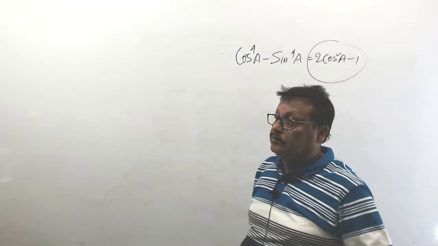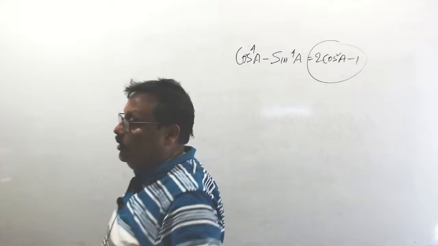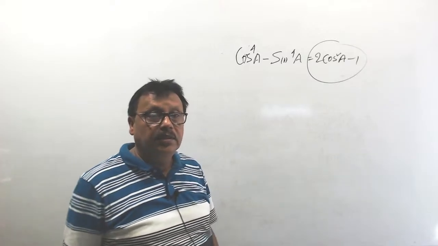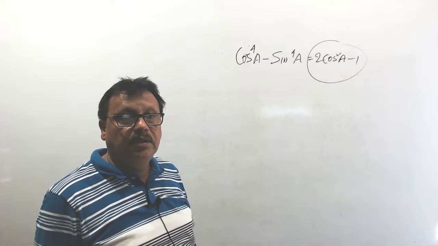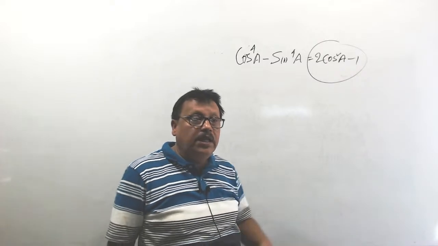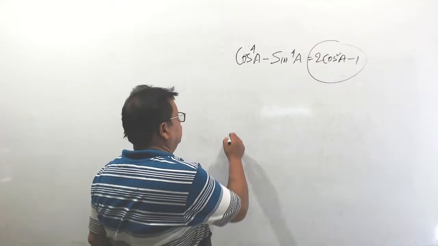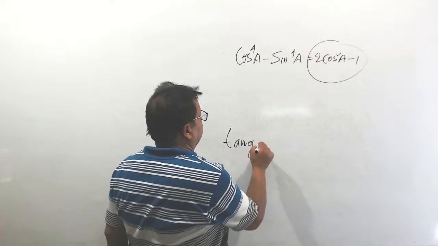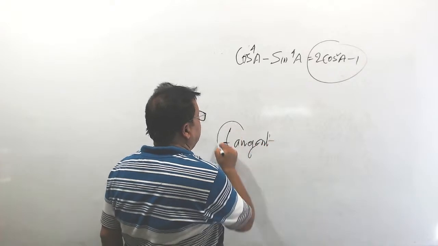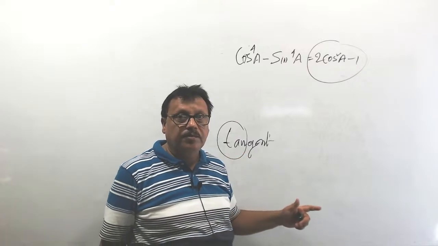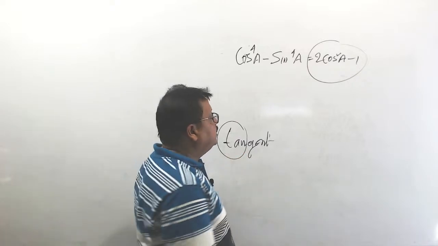How will you prove this? Ten means tangent. First 3 alphabet we use, tan, sin. Tan means tangent. Okay, what is tangent actually?